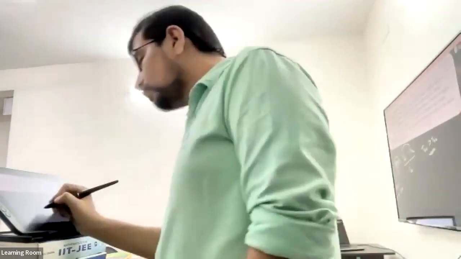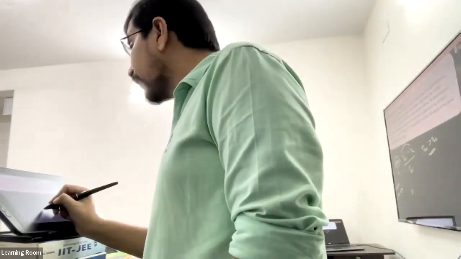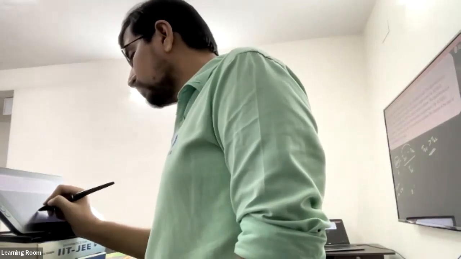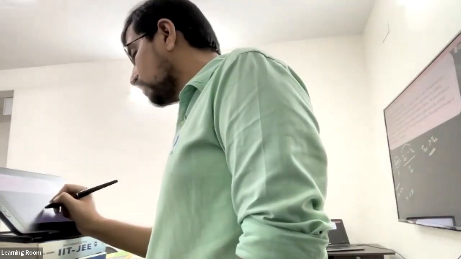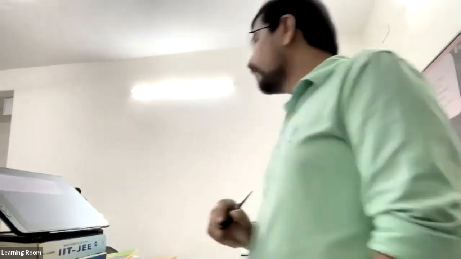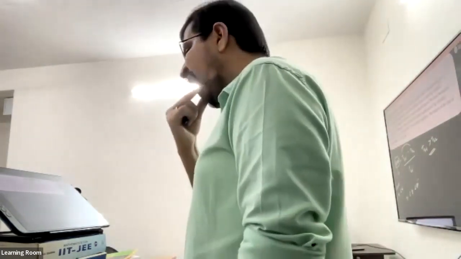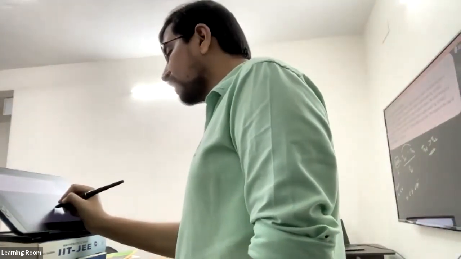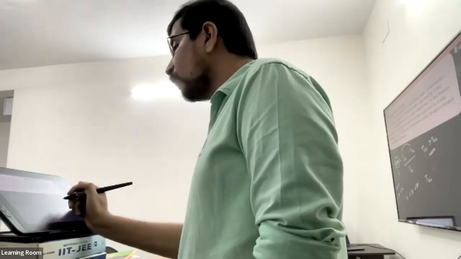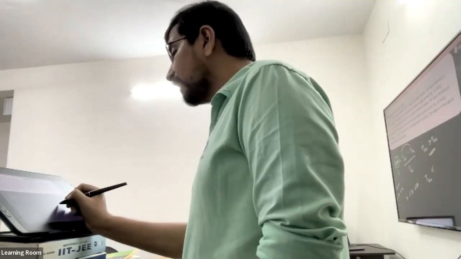Okay, when cos theta is positive, the numerator has to be positive, which means A minus B should be greater than zero, so A is greater. Then what about the angle of contact being obtuse? At this time, T_SV will be less than T_SL.